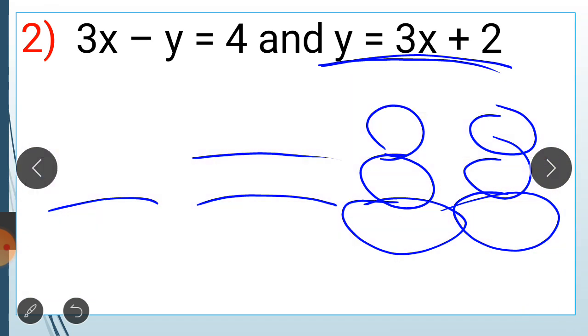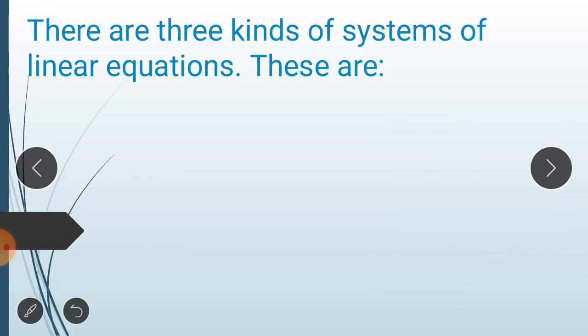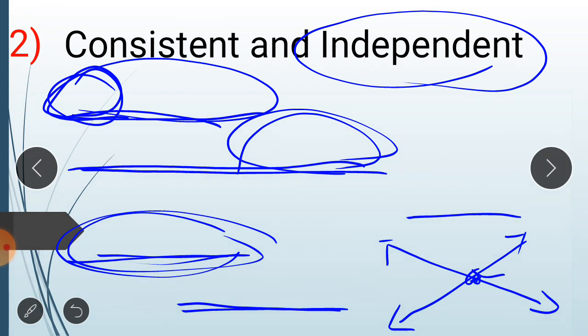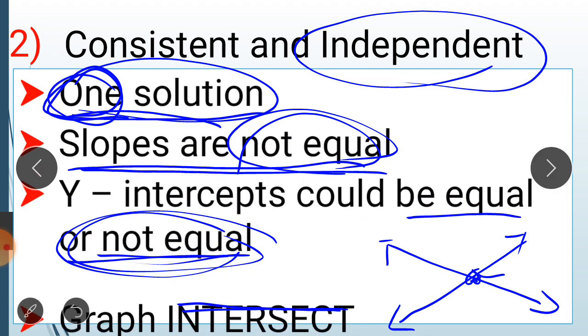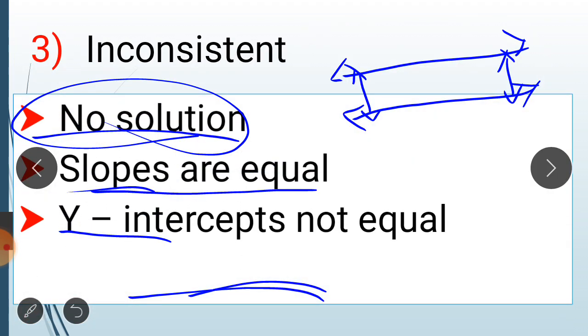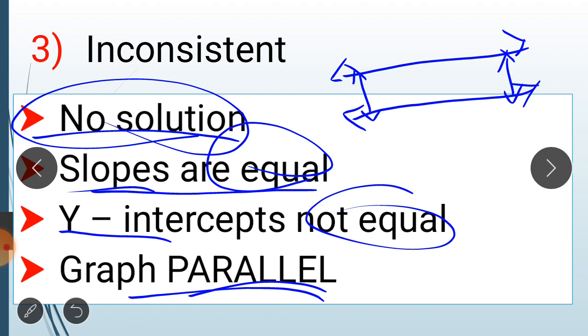And this one here, same, different. So when you say same, different, that's the third type of system. Same, different. Equal, not equal. That means same, different is inconsistent. Take note of this.